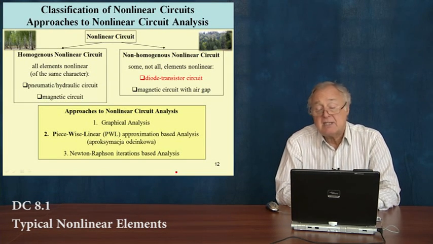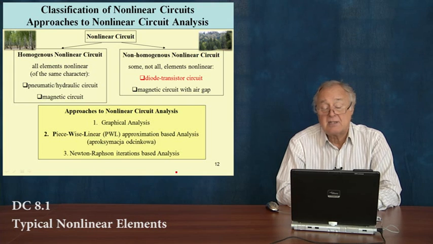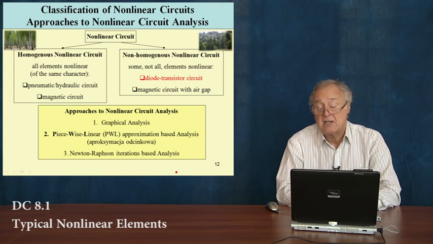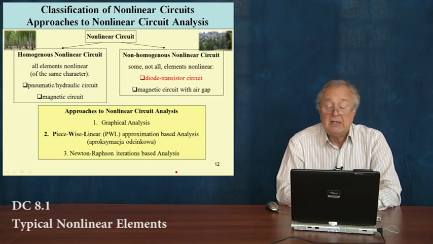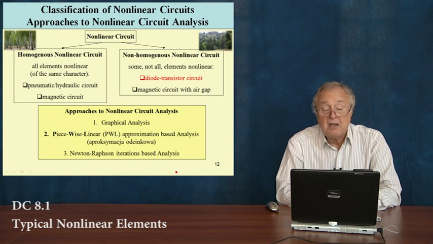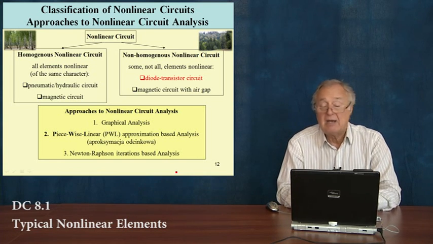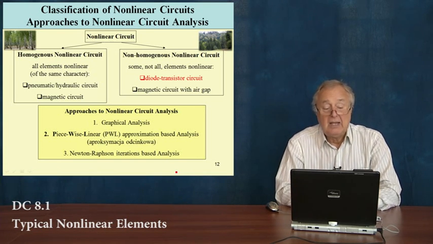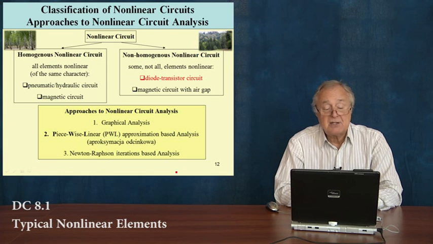And finally, a classification of nonlinear circuits and approaches to nonlinear circuit analysis. We may say that a nonlinear circuit can be a homogeneous nonlinear circuit. Homogeneous means all elements are nonlinear and of the same kind. This is the case of pneumatic or hydraulic circuits.